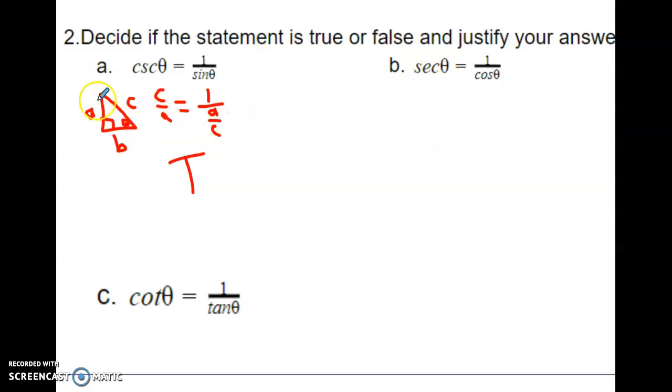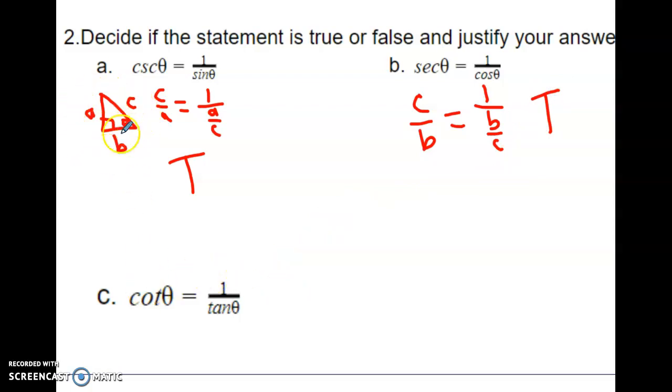Secant of theta, the secant is the hypotenuse. I'm going to look back at my picture over here. The hypotenuse over the adjacent, so C over B. And 1 over the cosine would be 1 over B over C, which if you take the reciprocal of that one, it is the same thing.